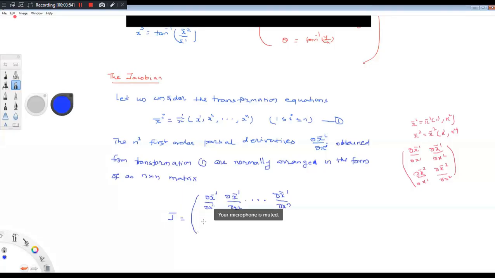Please bear with my bad handwriting, because I changed the computer and have some adjustment problems. I am speaking so you can understand what I am writing; write along with me and there will not be any problem. Second row del x bar 2 by del x1, del x bar 2 by del x2, etc., del x bar 2 by del xn.